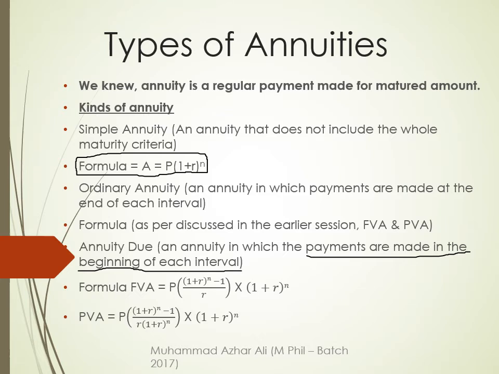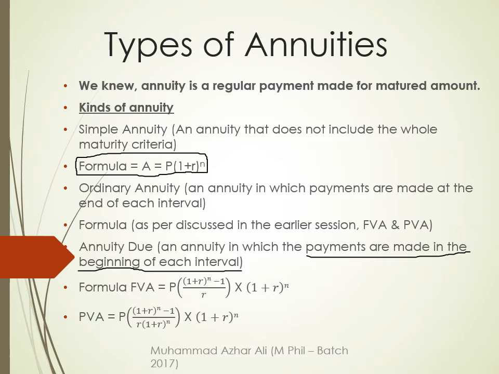Simple annuity we have already discussed in the earlier session, and especially remember that in simple annuity it does not include the whole maturity criteria. Okay, simply, like we deposit for 5 years or 10 years, but for example if we are depositing amounts only for 2 months or 3 months, this will be considered a simple annuity.